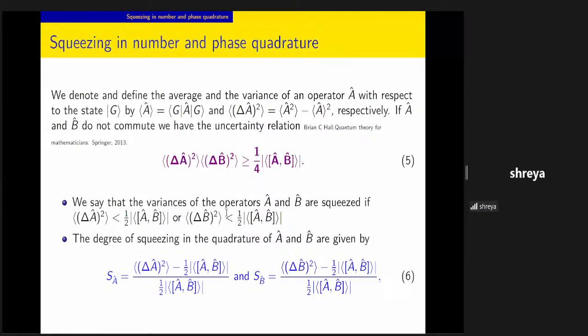And after that, we define the degrees of squeezing as SA and SB. We say the state is squeezed in a quadrature A or B. If, suppose, SA is less than 0, then we can say that this state is squeezed in A.